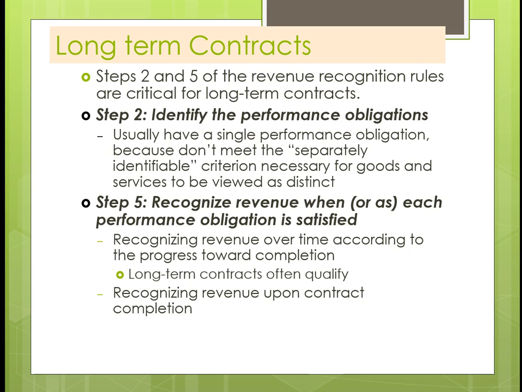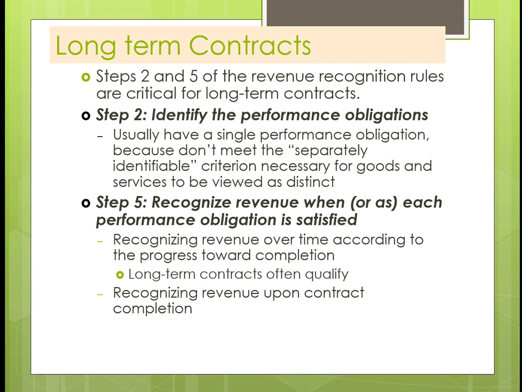Now, Step 2 and 5 of the revenue recognition rule are critical for long-term contracts. First of all, you have to identify the performance obligations. You usually have a single performance obligation because you don't meet the separately identifiable criterion necessary for goods and services to be used as distinct.